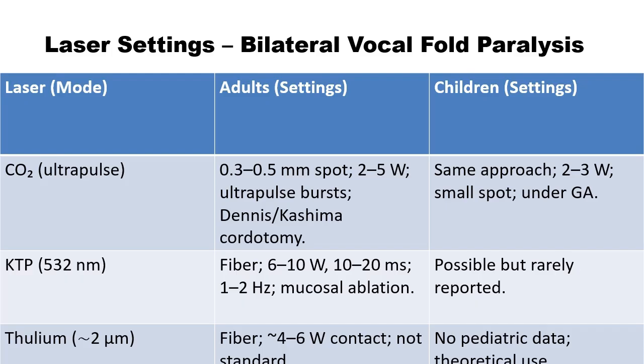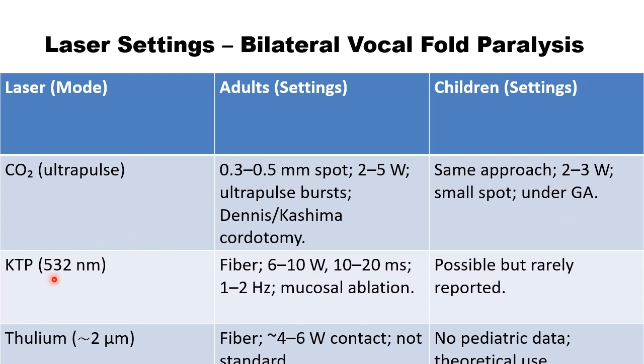To sum up on the laser settings for bilateral vocal fold paralysis cordotomy procedures, when carbon dioxide is used, it's used in the pulse mode, preferably the ultra pulse mode, with a microspot between 0.3 and 0.5 millimeters. The power would be somewhere between 2 and 5 watts, and the same settings would be used for children at a lower power between 2 and 3 watts and a smaller spot, and again both can be done under general anesthesia.